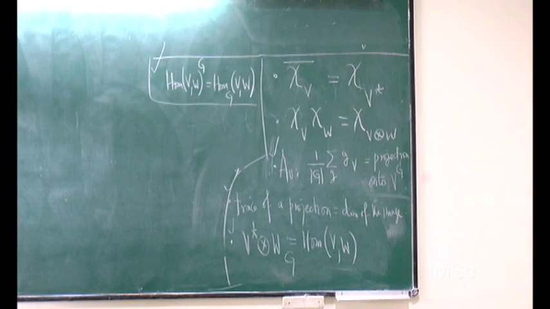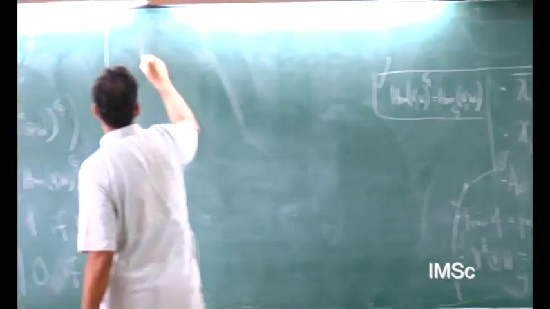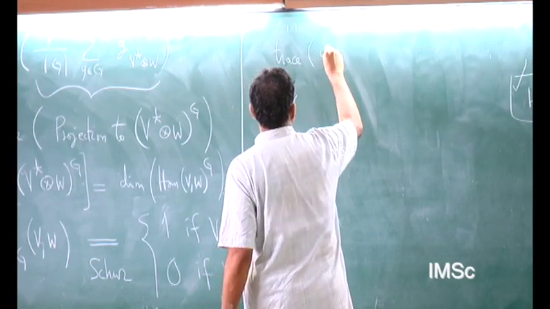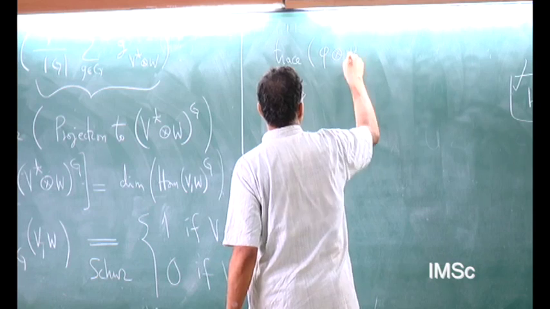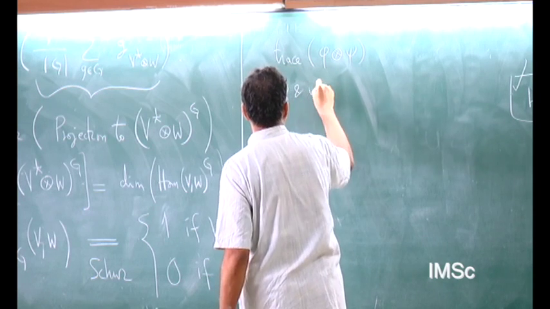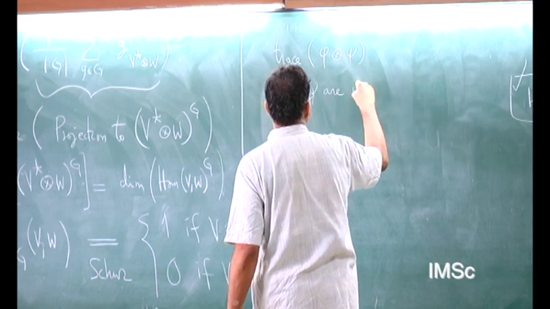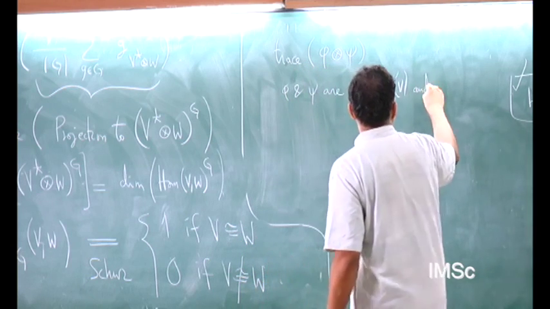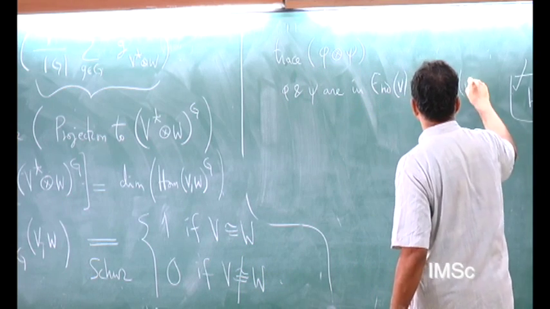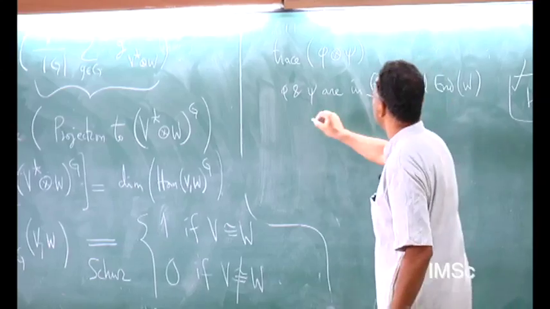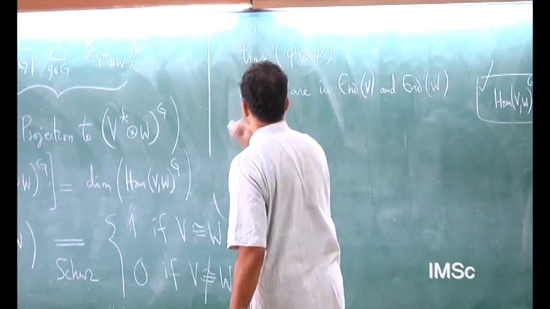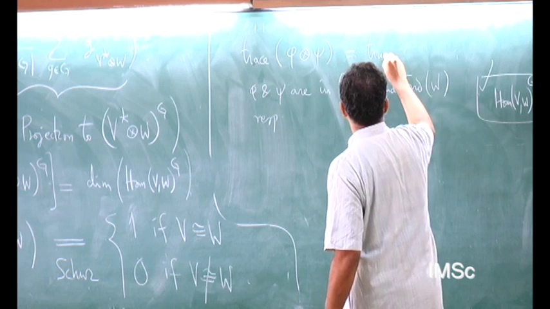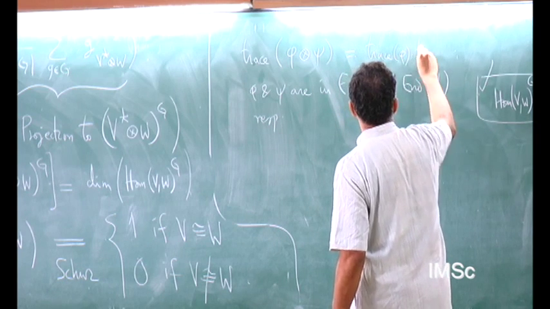that the trace of phi tensor psi, if phi and psi are in End V and End W respectively, is equal to the trace of phi times the trace of psi.